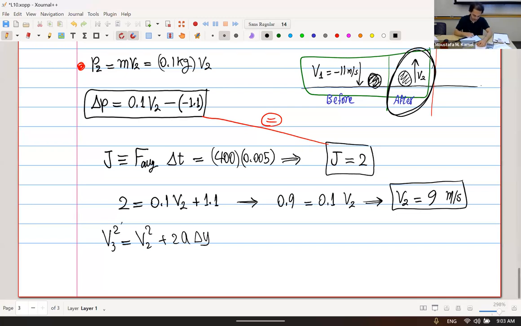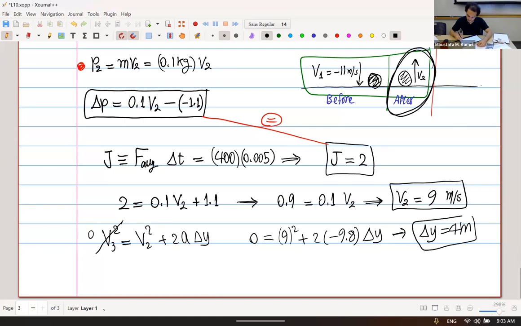And V final is 0 because it's maximum height. So we know 0 equals 9 squared plus 2 times negative 9.8 meters per second squared for gravity, delta y. You can solve for delta y, you will find it to be 4 meters. So it's a very easy problem once you get V2.